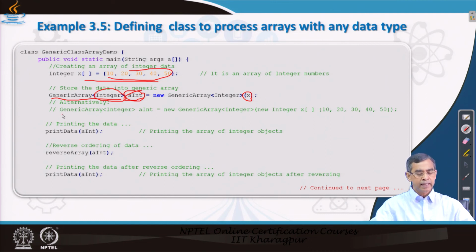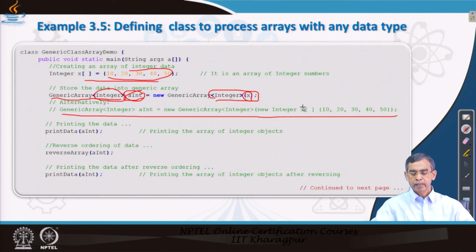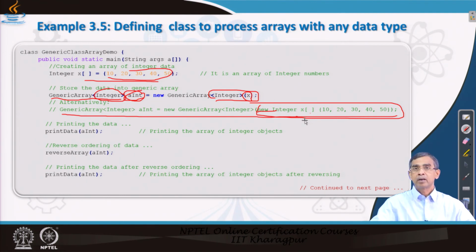Alternatively, this is another syntax you can use. Here we can see the integer array has been passed using this concept. Here, using the array instantiation created by new, this part is not required in this case. So, if we do not want it, you can do it in the same object declaration, or else this one can be done.